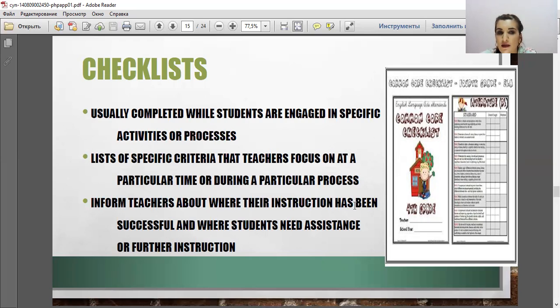Here we can see that the teacher may write down any kind of information about the activities of each student, and of course, in this case, teachers will be informed about where their instruction has been successful and where students need assistance or further instruction.